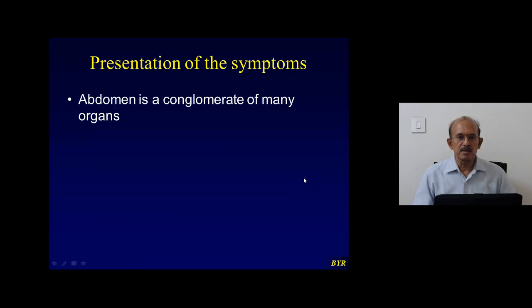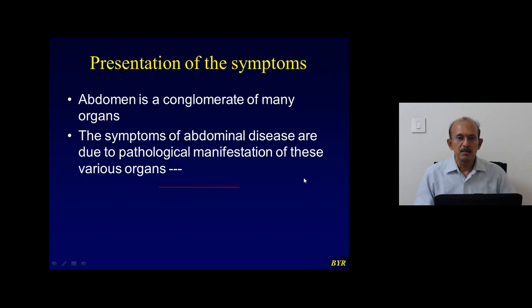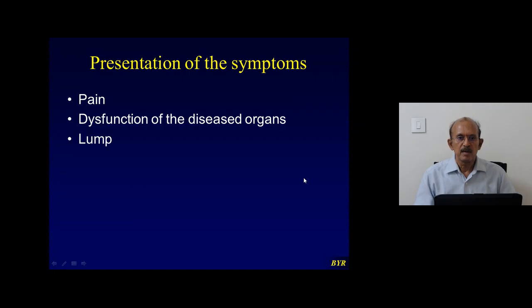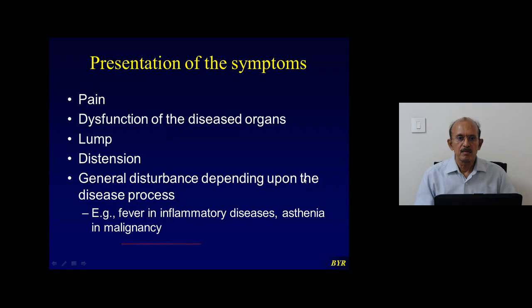Presentation of these symptoms. The abdomen is a conglomerate of many organs. The symptoms of abdominal disease are due to pathological manifestation of these various organs: pain, dysfunction of diseased organs, lump, distension, general disturbance.